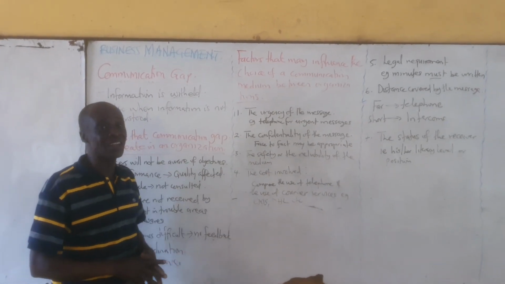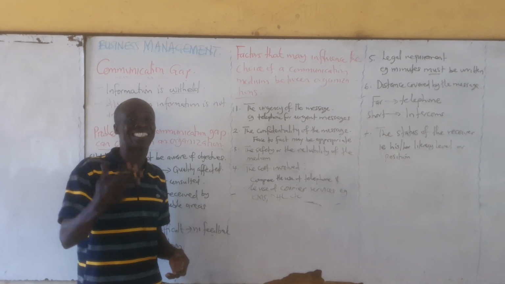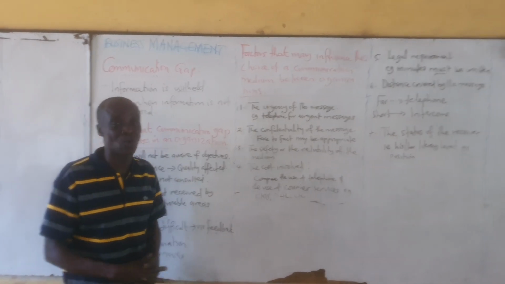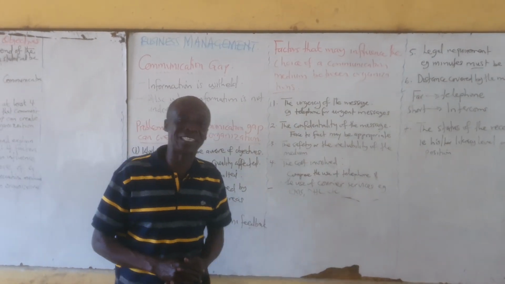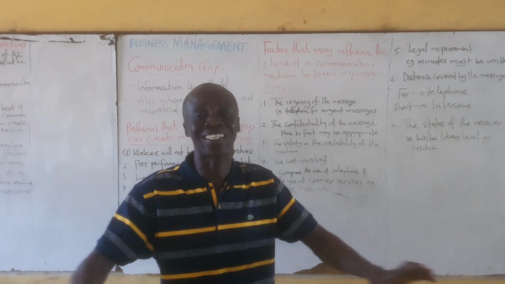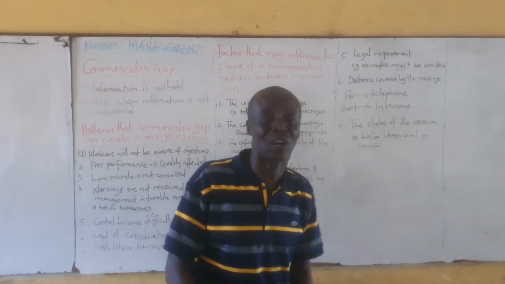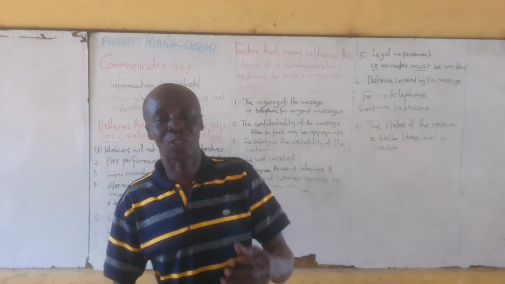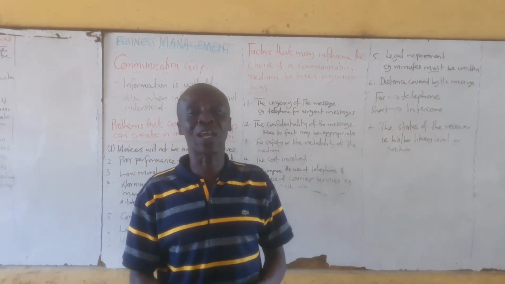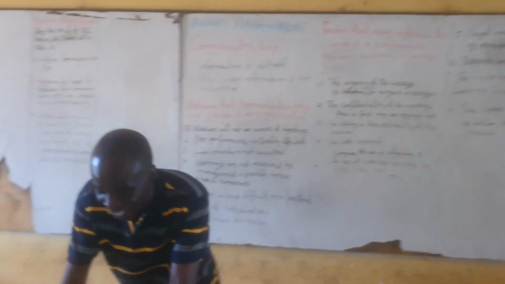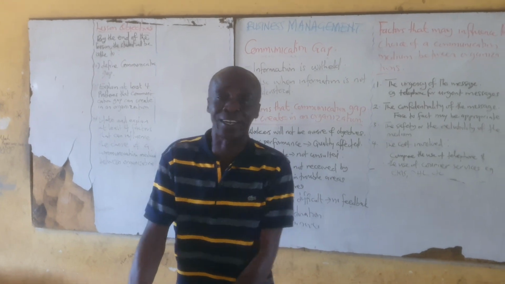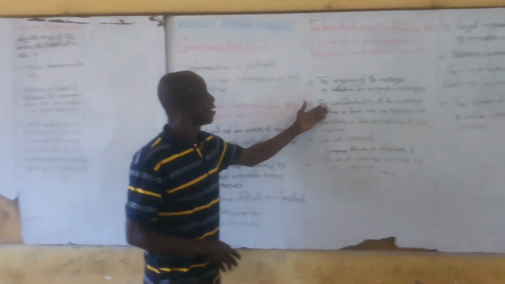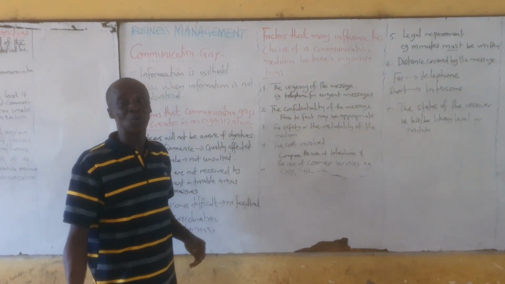Then the second one looks at the confidentiality of the message. When you say a particular message is confidential, we have learned about that one. You remember when we were talking about sources of grievance? We said when confidential letters are left unattended, untouched, then somebody will go and pick it.